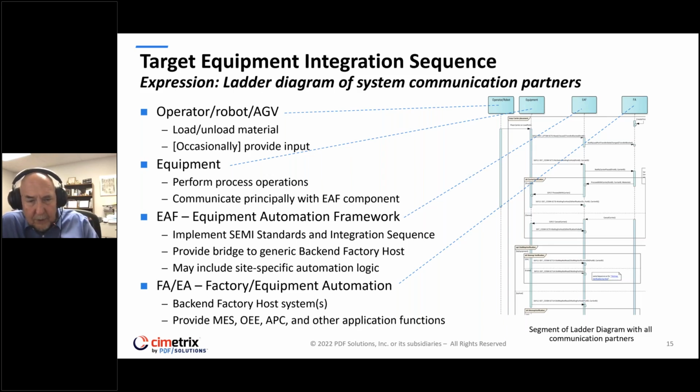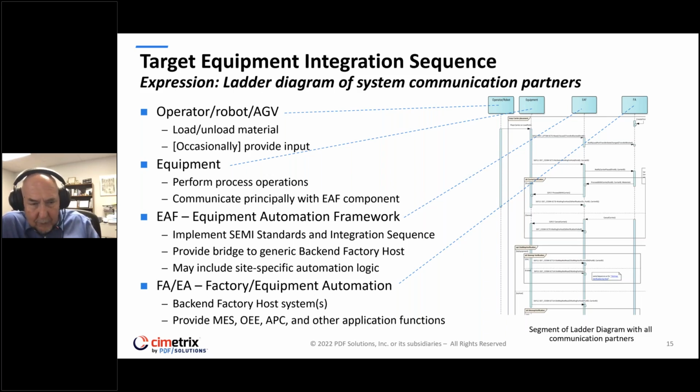This is the principal communication partner with the equipment, and it acts as sort of a proxy for the higher level systems. And so it'll pass messages on to the factory management system or recipe management or whatever else is providing the sort of MES kind of control functionality.